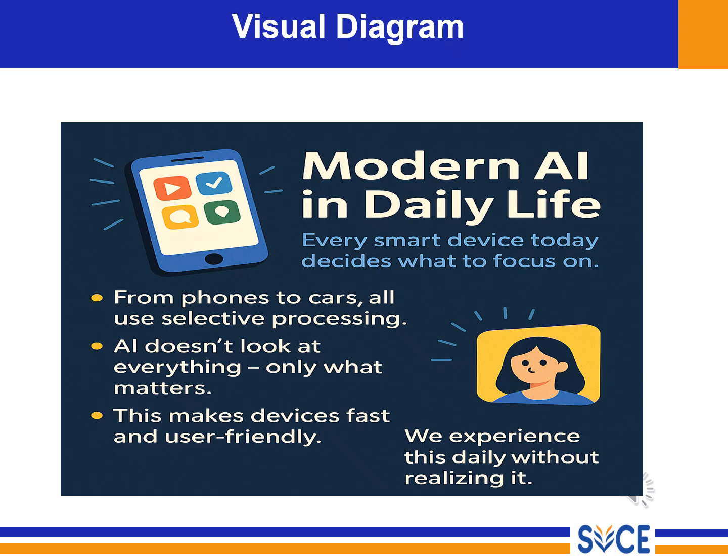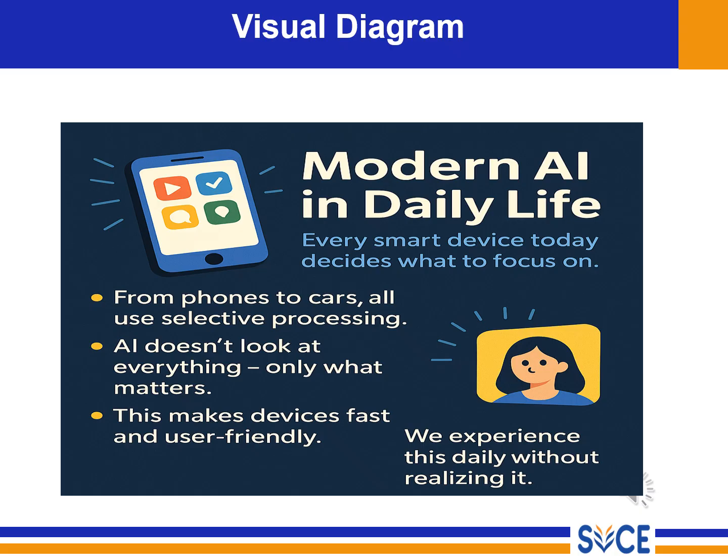That is exactly how AI works using a concept called attention. AI systems do not process everything equally. Instead, they prioritize important information and ignore irrelevant data. This selective processing is what makes AI efficient and fast.